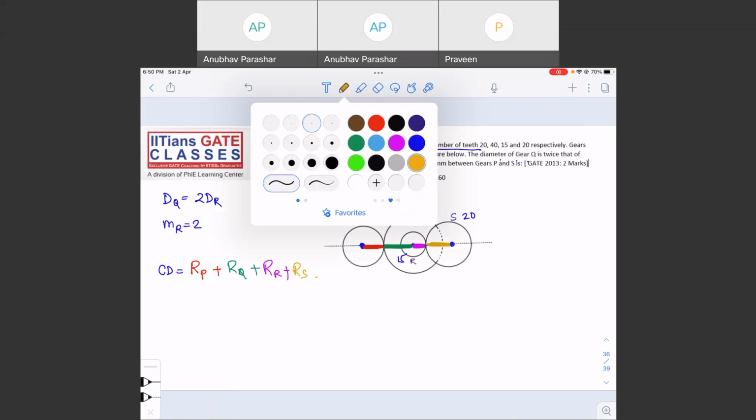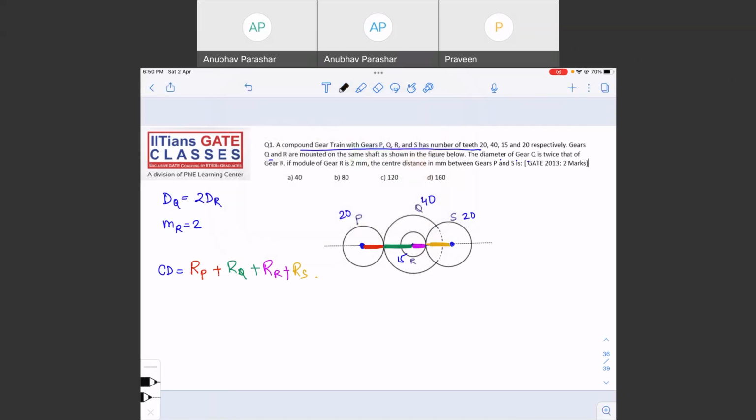So let us try to find out. What is the data given? Data given is the number of teeth, the diameter relation, and the module of gear R. So can I directly find out the diameter of gear R? I know module is equal to diameter divided by number of teeth.